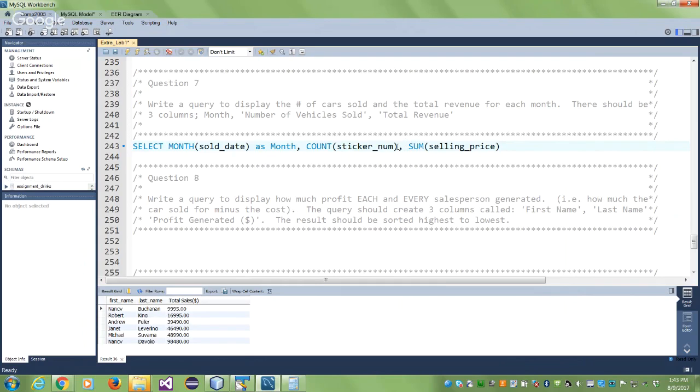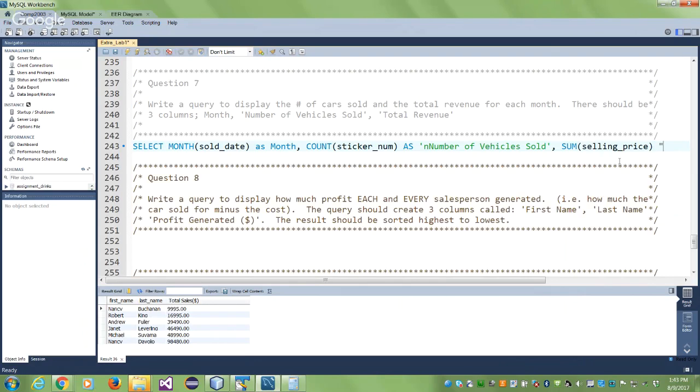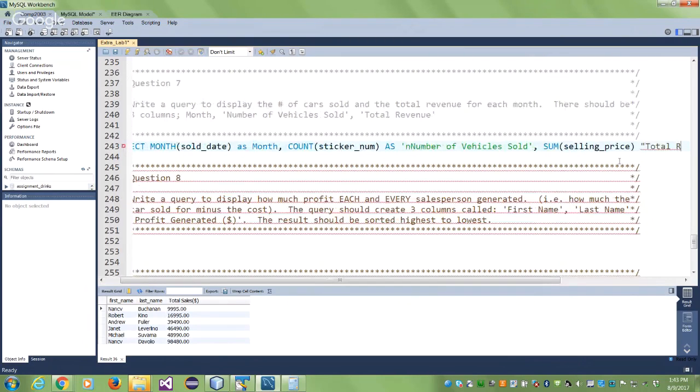Oops, as is missing everywhere. And number of vehicles sold. And the third one says sum, and then you have to give the sum also a name as total revenue. And again, the word as is not required. So I'll kind of mix and match, though I don't want you to mix and match. But anyway, there it is, total.